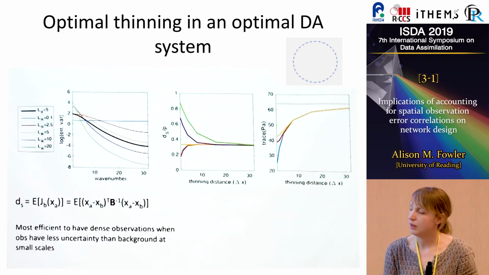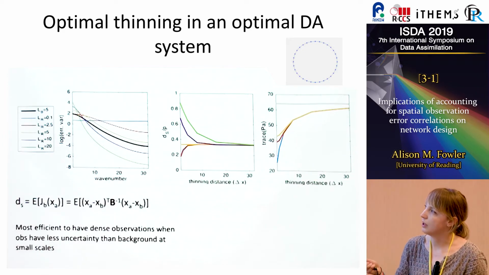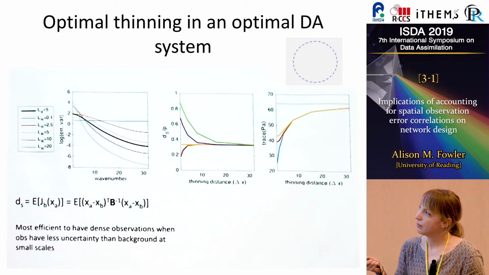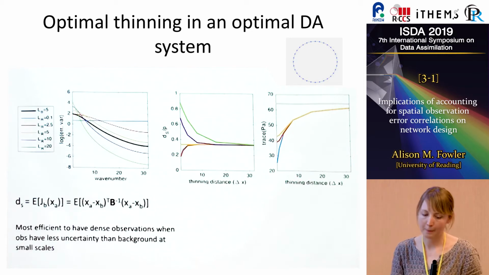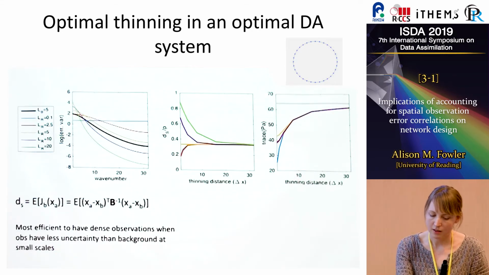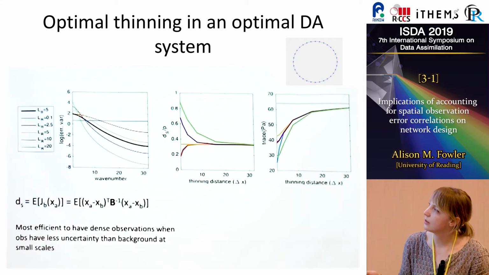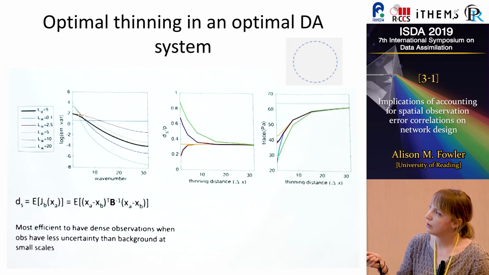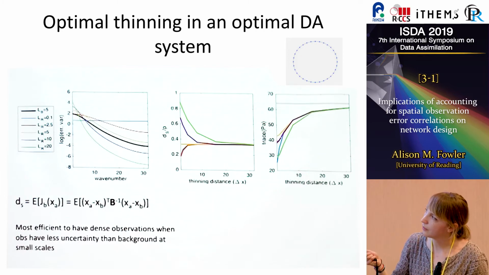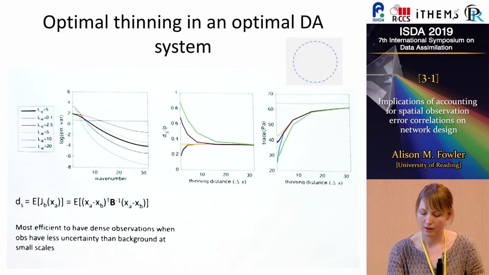And if we start to increase the length scales in our R matrix, we see that this reduction in the analysis uncertainty with increase in density of observations starts to reduce. But if we then start to increase the length scales in our observations so they're now longer than in our B matrix, then you see that the reduction in the analysis uncertainty with increase in observations starts to increase again.